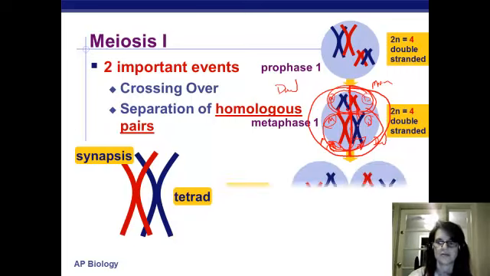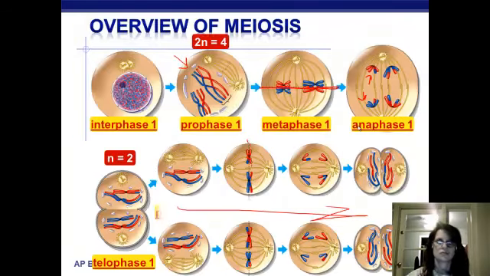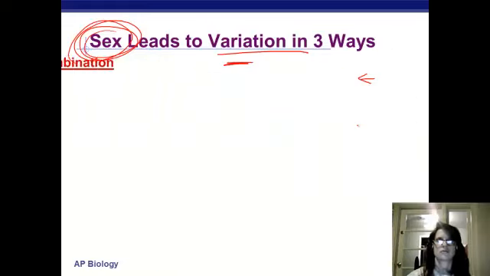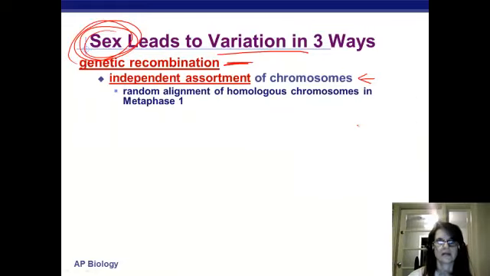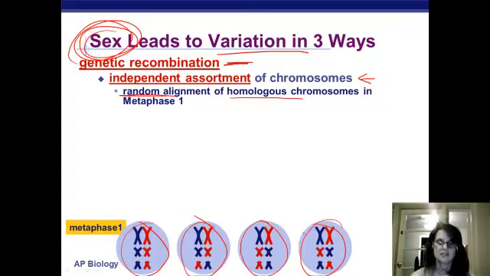That is called independent assortment. The alignment of the homologous chromosomes in metaphase 1 is random. They can go on either side of the center line that they wish. You can end up with a combination that looks like that, or that, or that, or that. And that puts different combinations of genes ultimately in different cells.